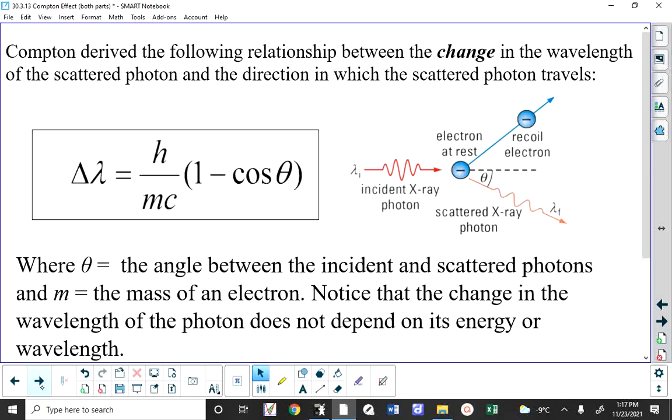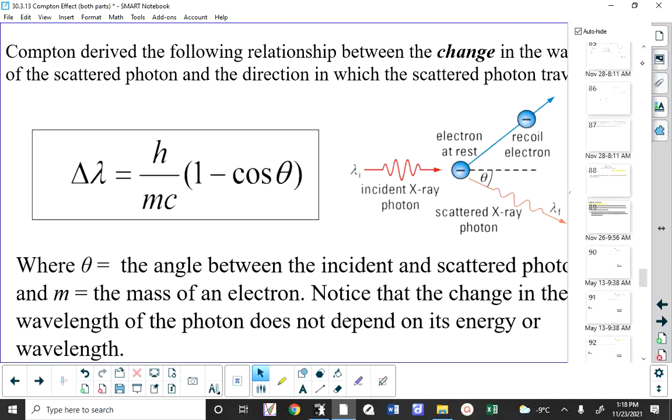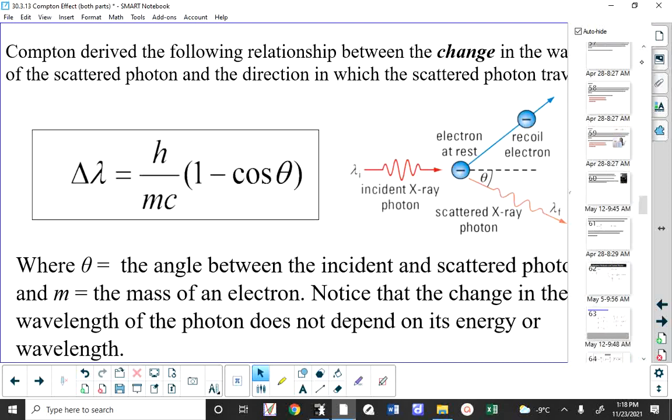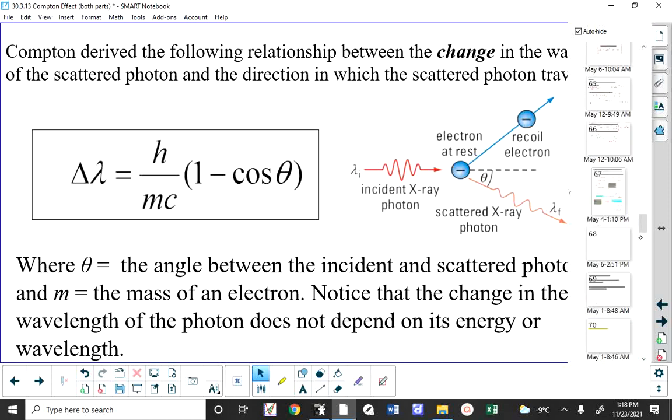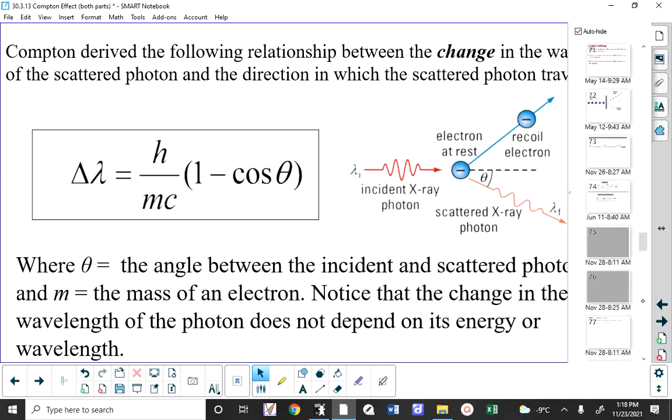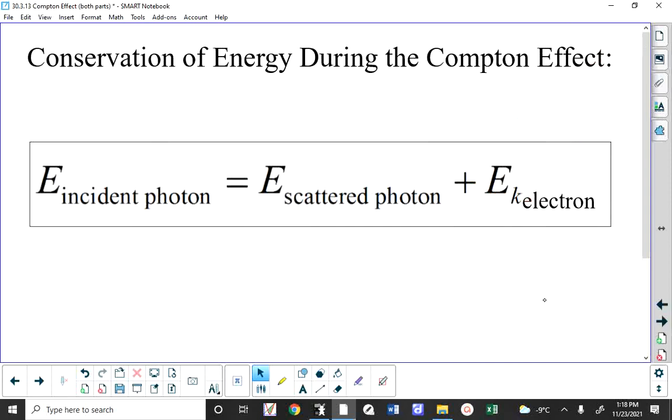What Compton did is he took all of the math that we just did with the two-dimensional analysis, and he put it together with this idea of hc over lambda equals 1/2 mv squared plus hc over lambda.